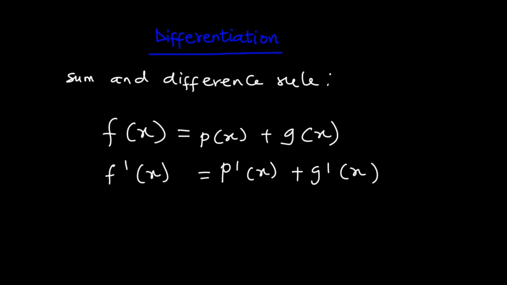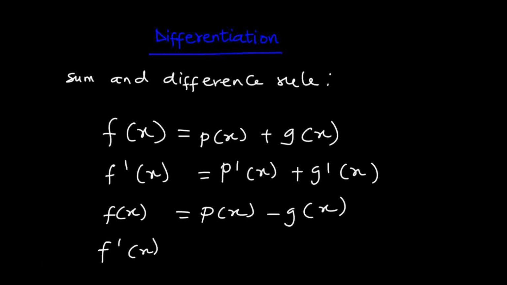The same way, if I have a function f of x equal to p of x minus g of x, then the derivative of this function will be equal to the derivative of the first function minus the derivative of the second function. So let's take an example to help us understand this better.